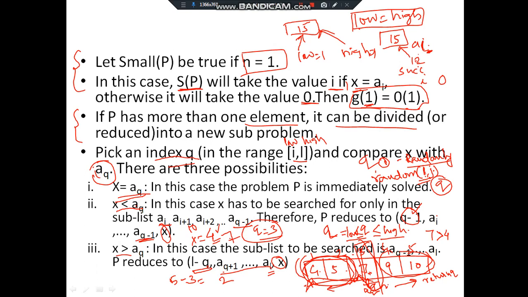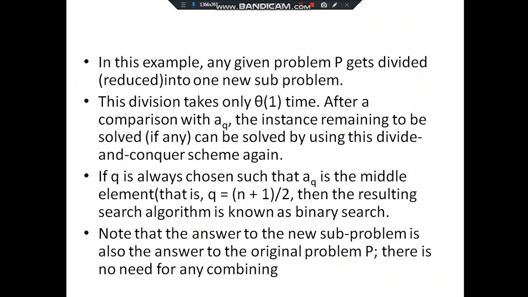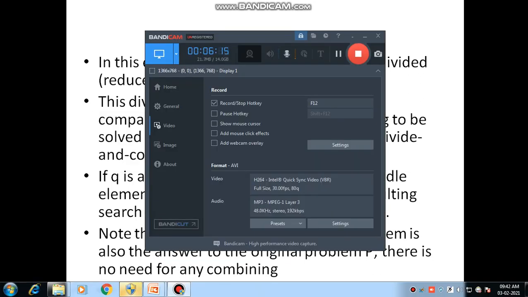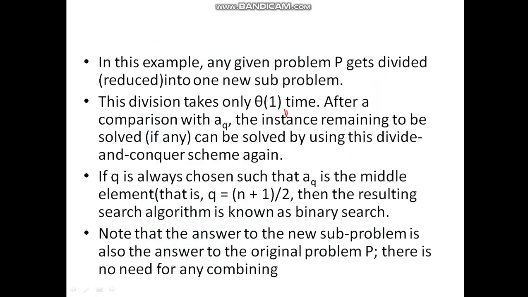Another thing is, in divide and conquer we have an option over here. What we can do is choose q equal to low plus high divided by 2, that is, i is low and j is high, divided by 2.